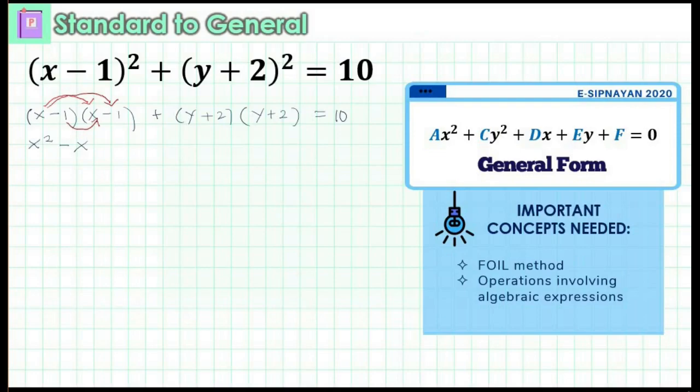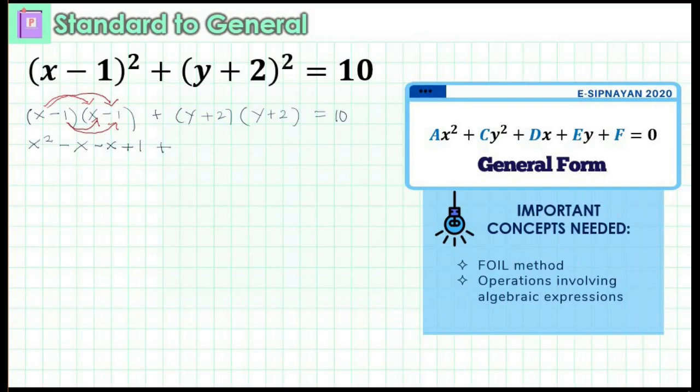The product is, again, negative x. And lastly, let's multiply negative 1 with negative 1. So negative 1 times negative 1 is equal to positive 1. So that will be plus 1. We now successfully expanded quantity x minus 1 squared.